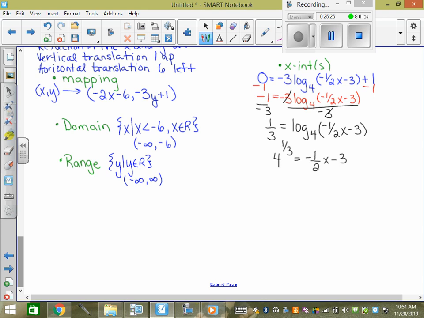And then I just need to isolate x. I'm going to add 3. So 4 to the 1/3 plus 3 equals negative a half x. And to get rid of negative a half, I just multiply by negative 2.